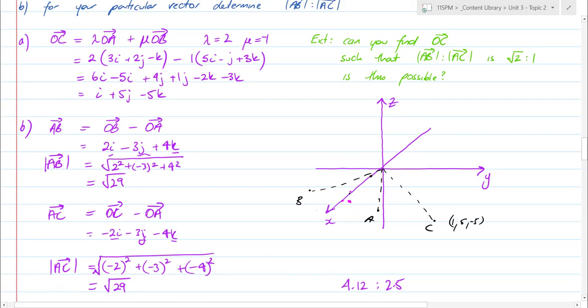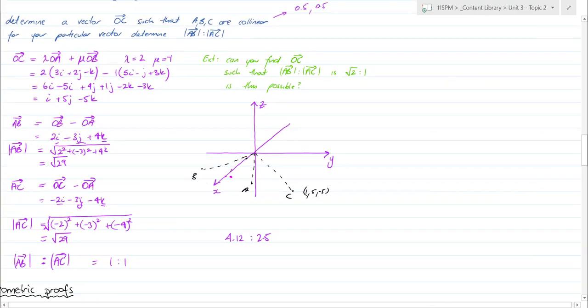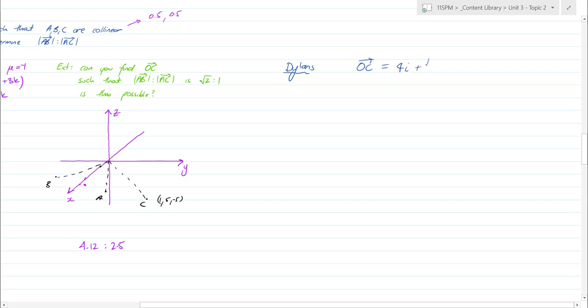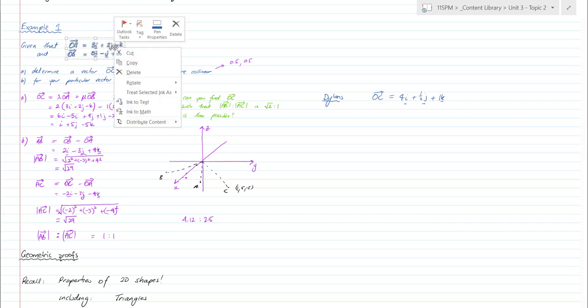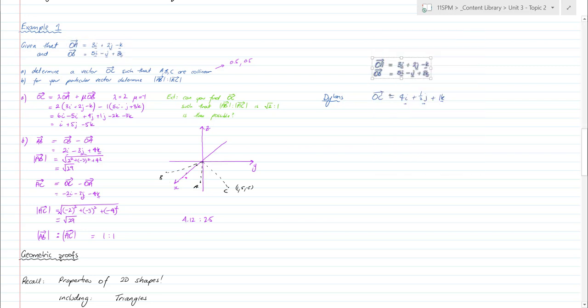So, can I do your calculation? And can you remind me what you said your coordinate was? I'm just going to write down over here in blue. 4, half J, 1K. And my values here. So there's my OA and OB.